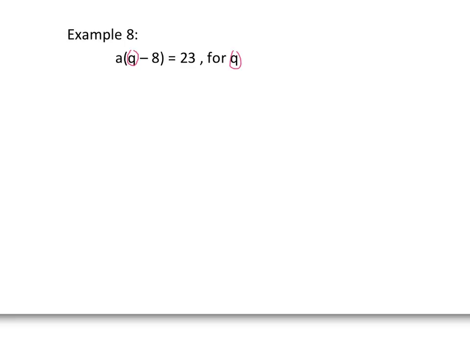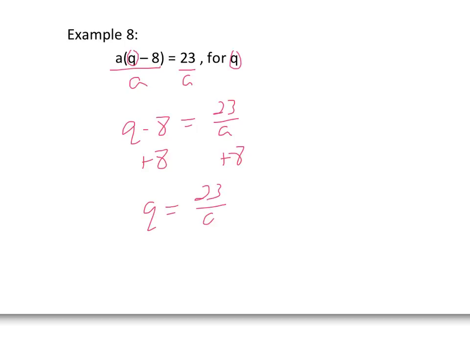I would recommend to divide both sides by a. When we divide by a, we will get q minus 8 equals 23 over a. If we add 8 to both sides, I would accept the answer as 23 over a plus 8. That is an acceptable answer.